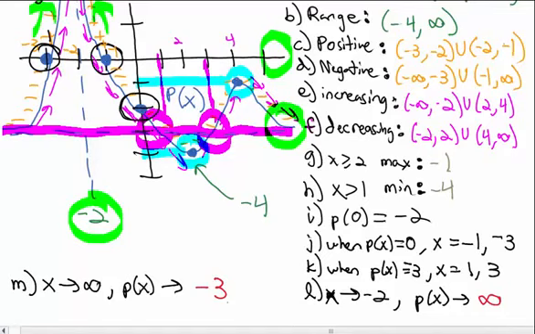So we bloodied all over this example with tons of color. But what I want to notice we saw and were able to evaluate is we found domain and range. We found where the graph was positive and negative. We found where the graph was increasing and decreasing. We found minimums. We found maximums.